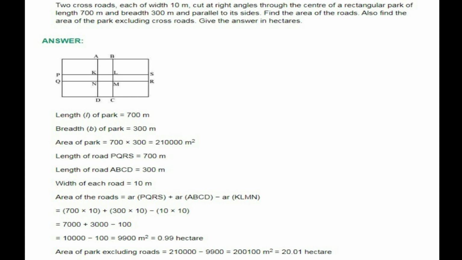If we add PQRS and ABCD, we will get the total area of the roads. But the problem is that within this, KLMN is common. KLMN is coming in both roads, so we have to subtract the portion of KLMN. The length is 10 and the breadth is also 10 in the case of KLMN, the middle portion.